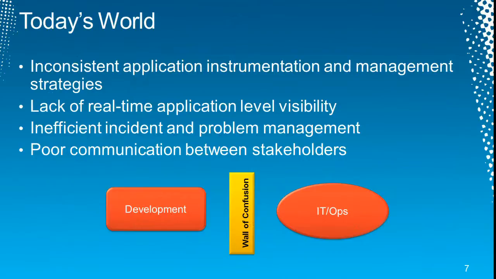So what does today's world look like? As I mentioned at the beginning, it typically is an inconsistent approach to application monitoring. It is instrumentation, it's varying management strategies to get the visibility that we need. Xbox Live is an internal customer that uses AVIcode quite extensively.